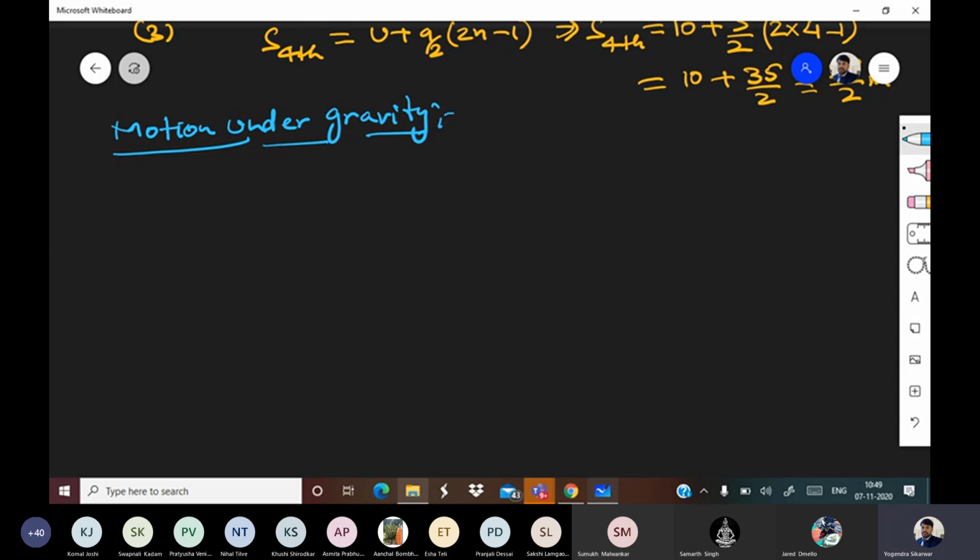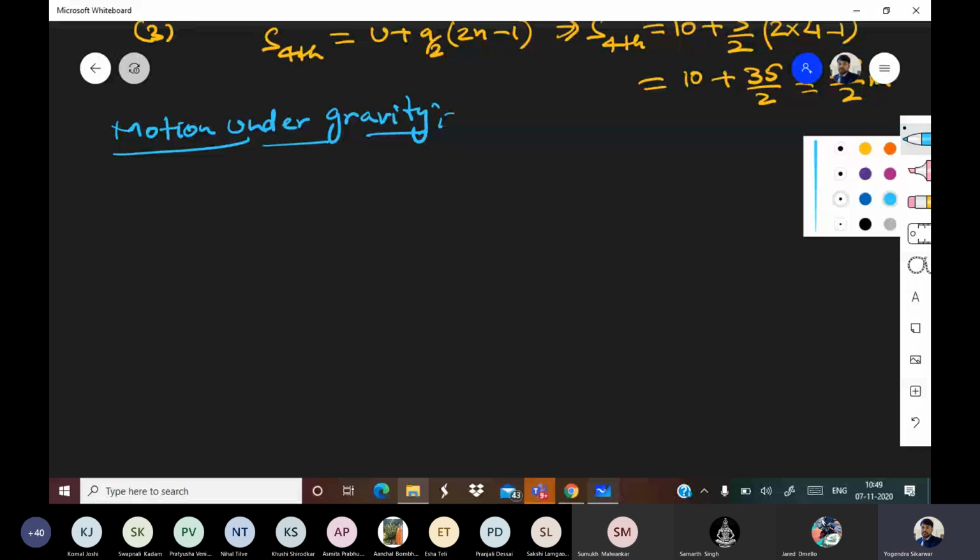Now, you should be understanding the meaning of the word freely. Freely means it's like a stone which you have dropped. It does not have any engine in it. It does not have any power source which can generate velocity or which can oppose velocity. So if you drop a stone, it falls due to gravity, and nothing is there in the stone which can oppose or support gravity. So that is called free fall.